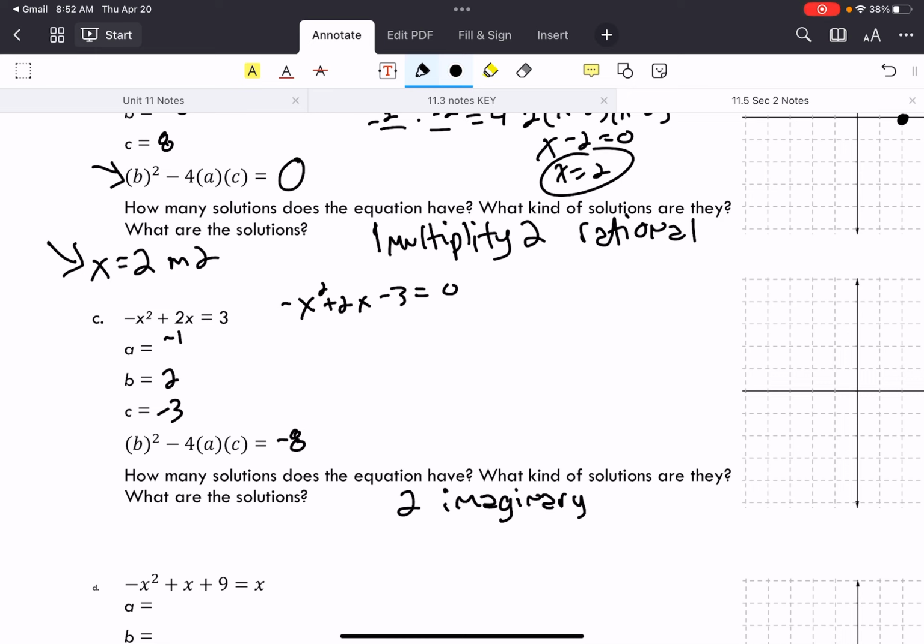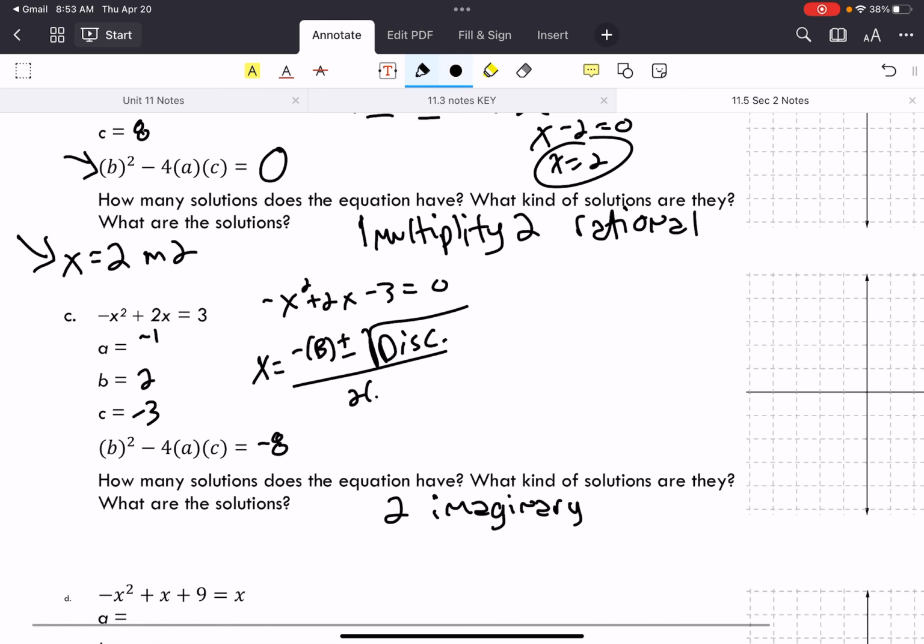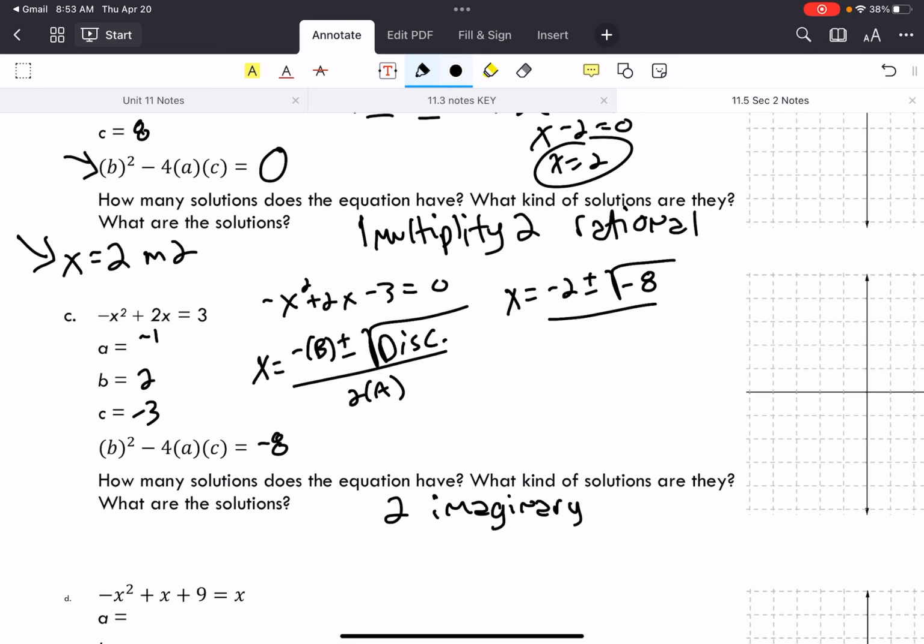What's the easiest method? Do you remember? Quad formula. So my quadratic formula, x equals negative b plus or minus the square root of the discriminant all over 2a. So x equals negative 2 plus or minus the square root of negative 8 all over 2 times negative 1.